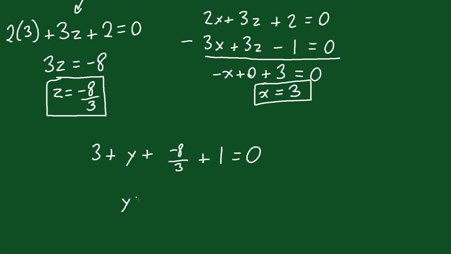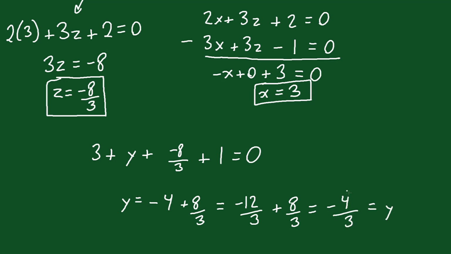If I keep y on this side of the equation and move everything else to the other side, 3 and 1 together is 4, so minus 4. I have my positive now, 8 over 3, because it's moving to the other side. I can rewrite this so there's a common denominator, so instead of negative 4, I can put negative 12 over 3 plus 8 over 3. And if I do that, I should get negative 4 over 3. That is equal to y.